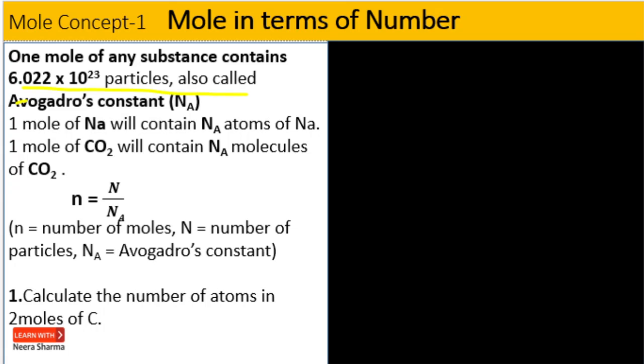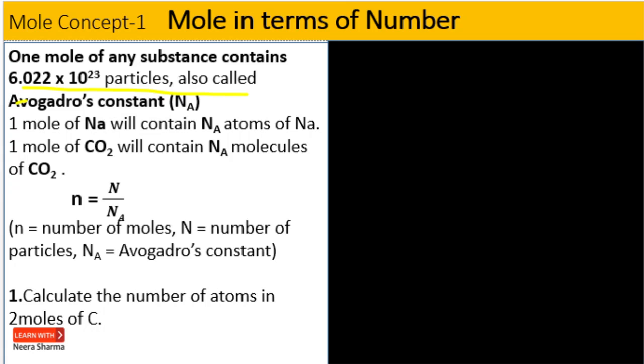So if we are taking 1 mole of sodium, it will contain the same 6.022 into 10 to the power 23 particles. So this 6.022 into 10 to the power 23 is called as Avogadro's constant.